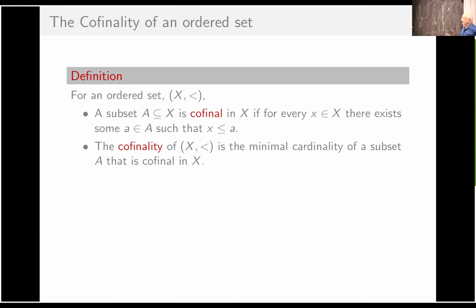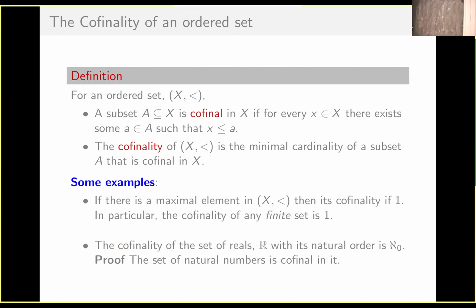So it follows that if X has a maximal element, then the cofinality is 1. This one element is cofinal in X, since it is above any other element. So if X has a maximal element, it's boring, the cofinality is 1. In particular, every finite set has cofinality 1.